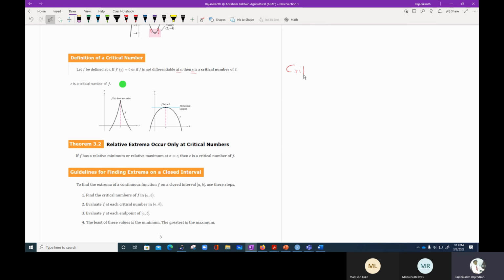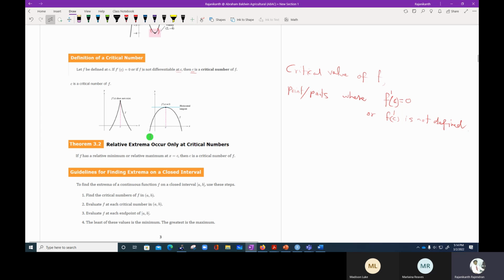Okay, so critical number or critical value of any function f means you are finding the point or points, maybe more than one, where either the derivative of the function at that point is 0 or the function is not differentiable, meaning the derivative is not defined. So that's the meaning for the critical points.